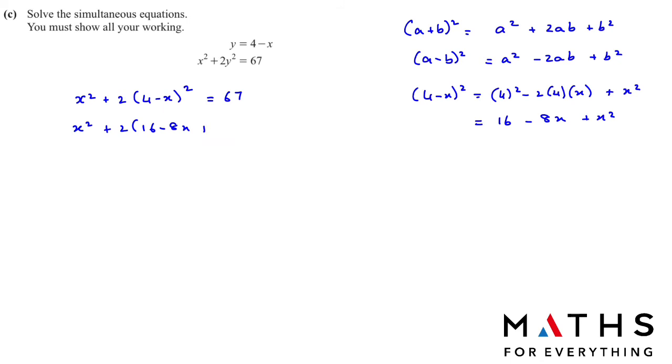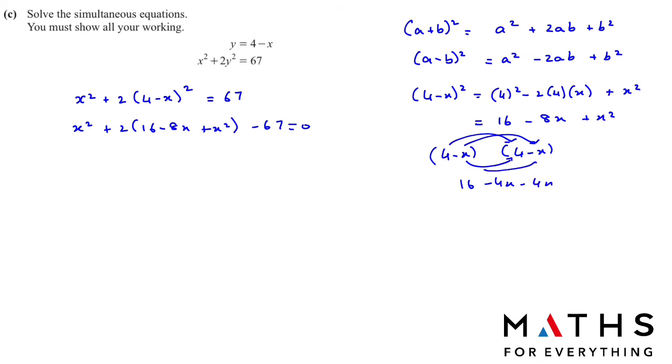Suppose you don't know or don't remember this identity. The normal way to expand the bracket, 4 multiplied by 4, 4 multiplied by negative x is negative 4x, negative x multiplied by 4, negative 4x, and negative x multiplied by negative x is x square.